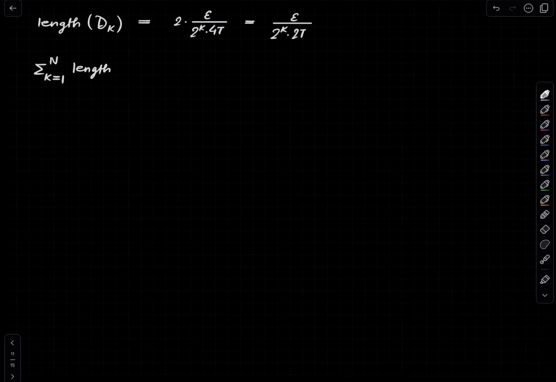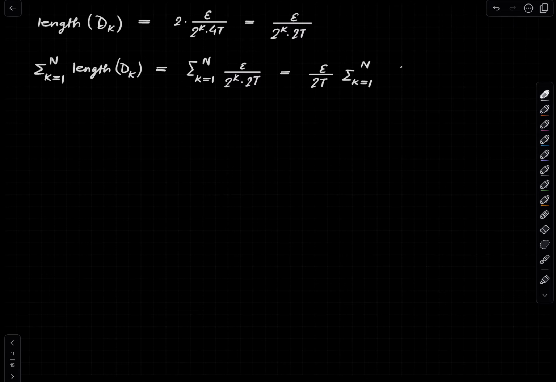The length is the right end point minus the left end point, naturally. So this is equal to the summation k from 1 to capital N of epsilon by 2 to the k, twice of t, which is epsilon by 2t.